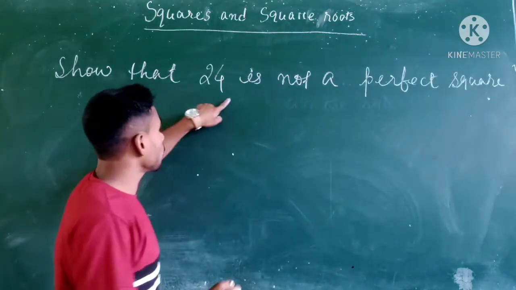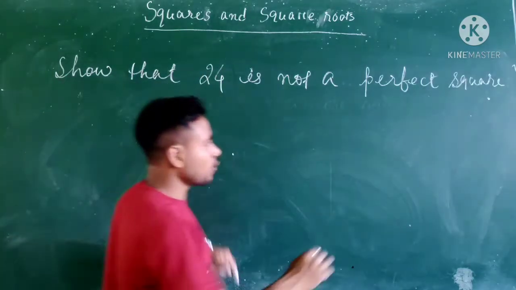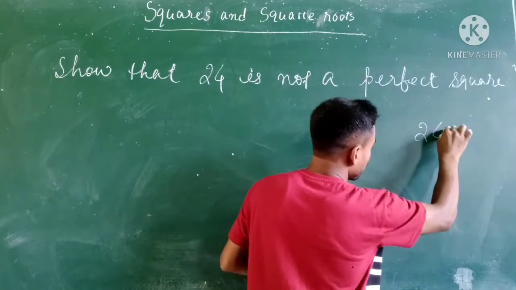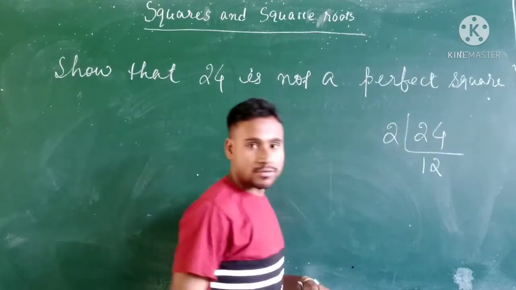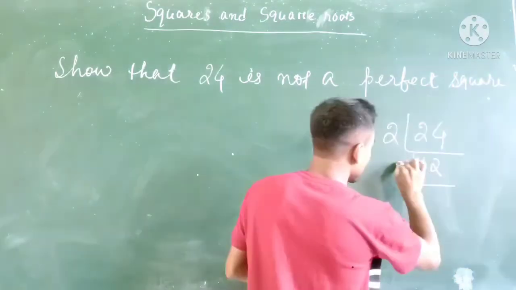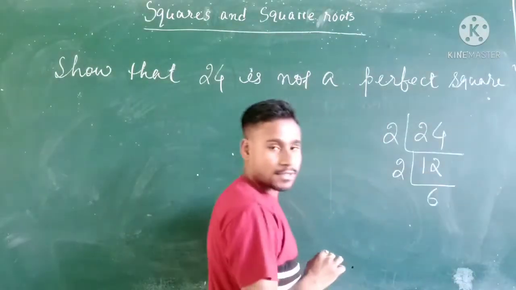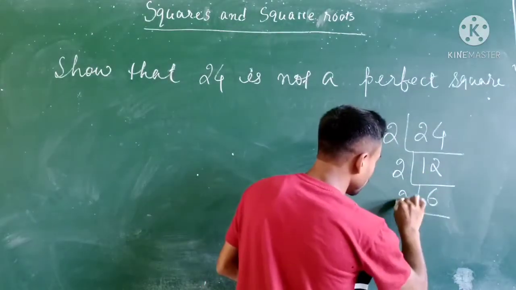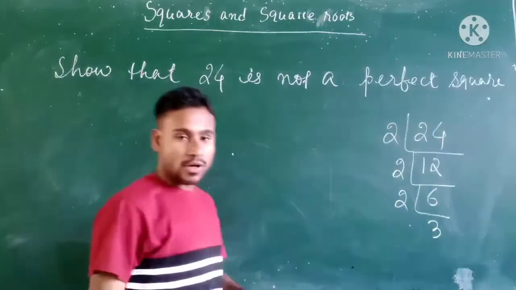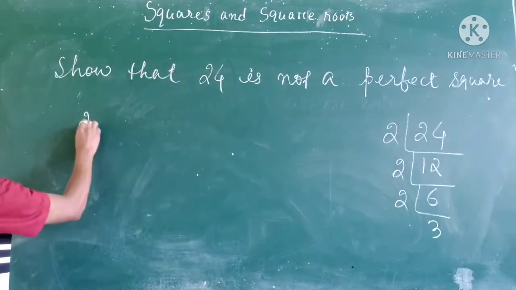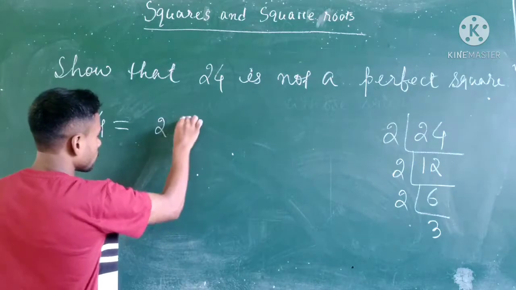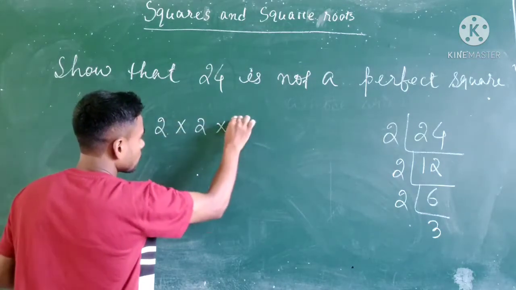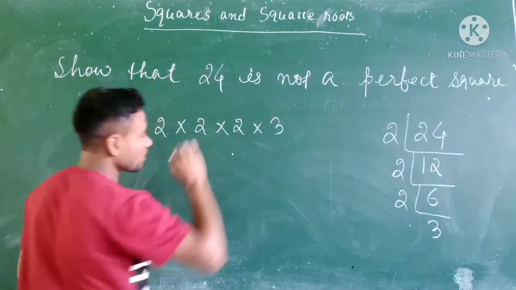First, prime factorize 24. 2 divides 24 to give 12, then 2 divides 12 to give 6, and then 2 divides 6 to give 3. So 24 can be written as 2 three times, and then 3.